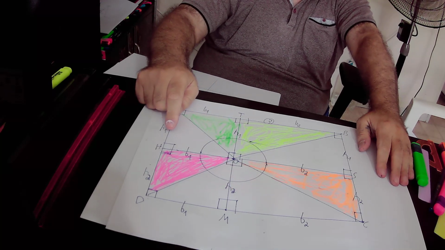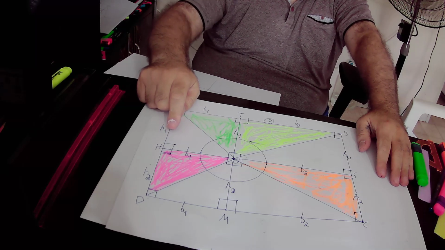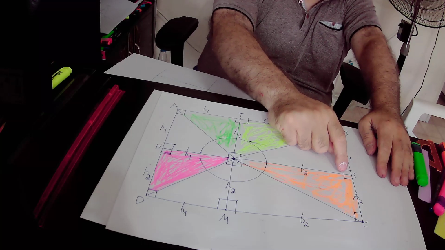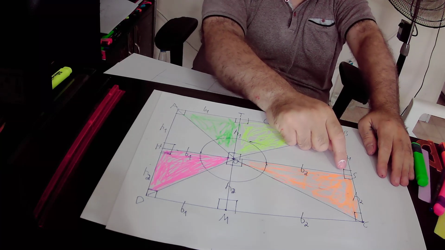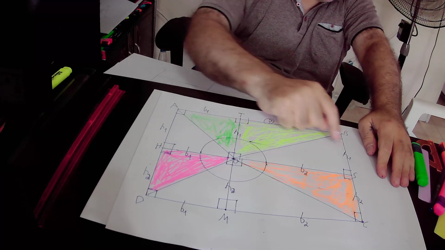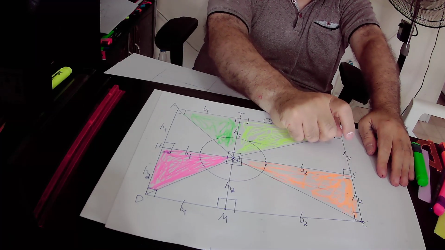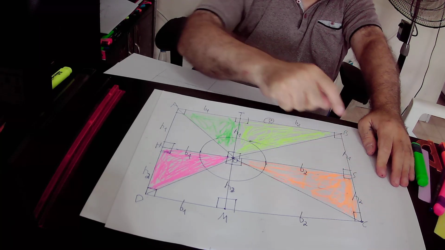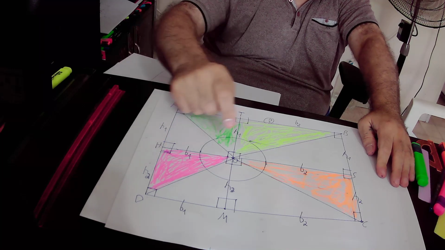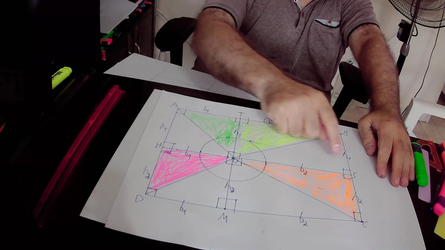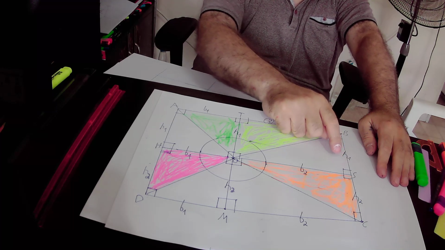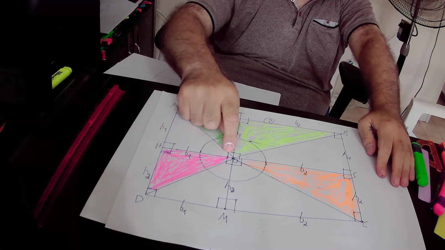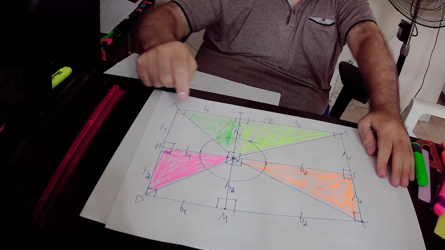Then I draw from point O a perpendicular on BC. So this angle equals 90 degrees and this angle equals 90 degrees according to our construction. We define the touching point of the perpendicular from point O and BC as point S. Because side BC is parallel to side AD, the perpendicular to BC must also be perpendicular to AD.